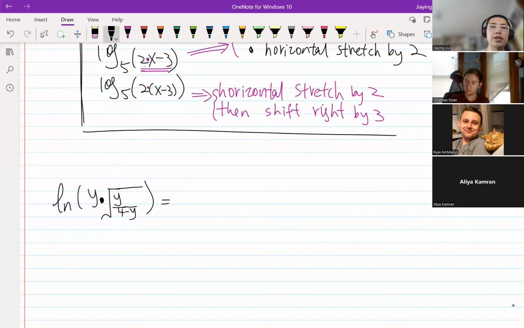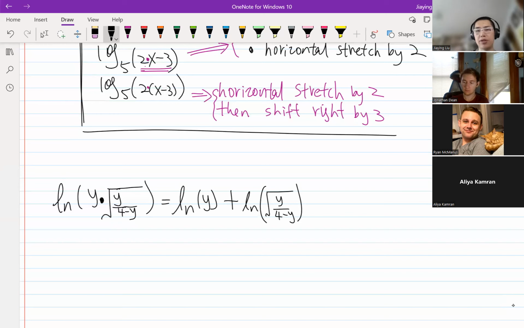That's going to be natural log of y plus, every time we have a product in the log, we get a sum of 2 logs, natural log of square root of y over 4 minus y. The first part stays the way it is. For the second part, we can't do anything with the square root there, but we can rewrite the square root as an exponent of half.